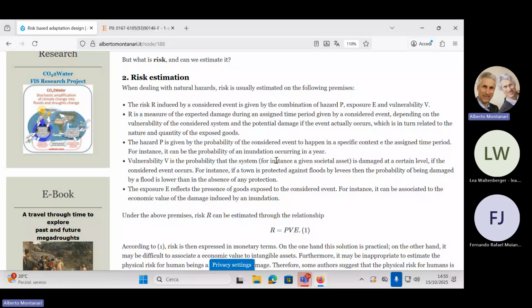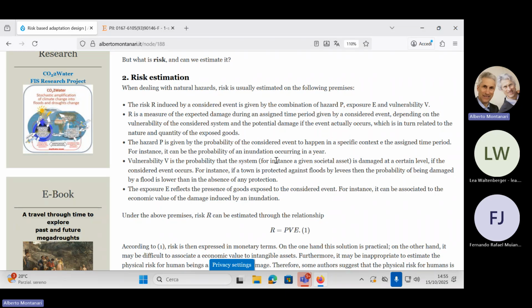The product of the 3 is precisely the expected damage in 1 year. Okay? And of course, you get the full damage, probability is 1, so the event occurs. Vulnerability is 1, so the probability that the building is fully destroyed. And then you get the damage corresponding to the value of the building, okay?